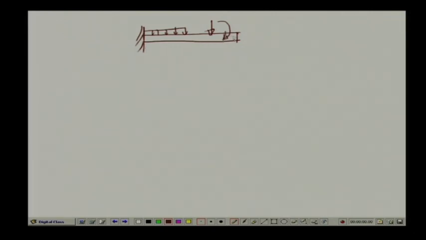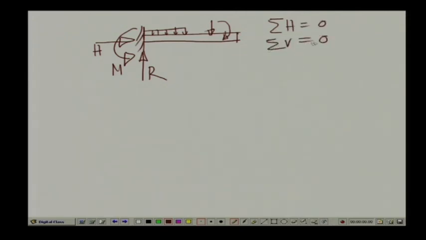As we have seen, at this end we have a fixed support where we have reactive forces: the vertical force R, the horizontal force H, and the moment M. All these three quantities can be evaluated using the equations of statics, namely summation of horizontal forces equals 0, summation of vertical forces equals 0, and summation of moment at any point within this beam equals 0. If we do that, we can evaluate these unknown reactive forces H, M, and R. So, this particular system is a determinate system.